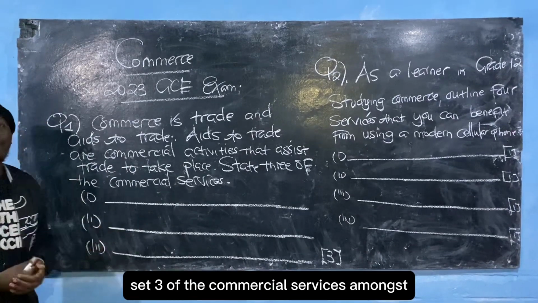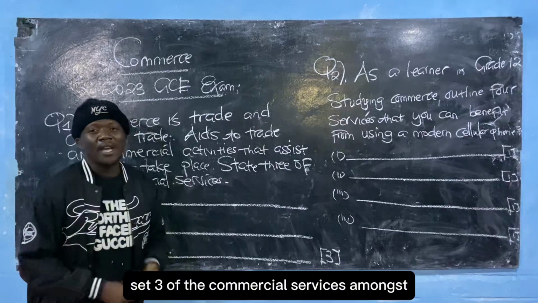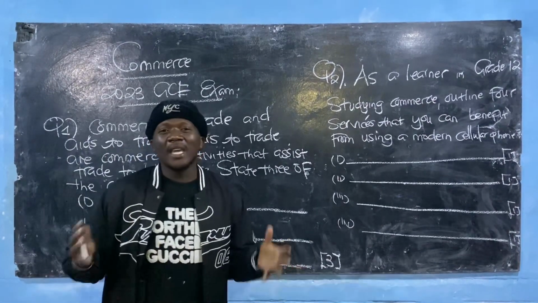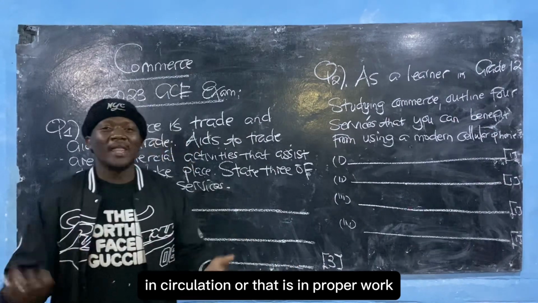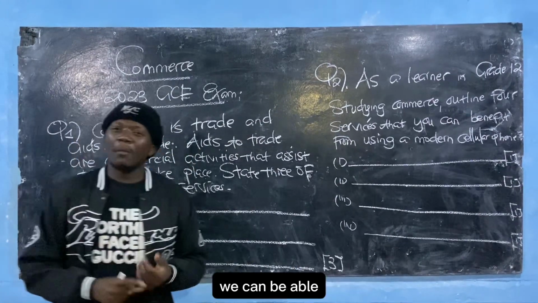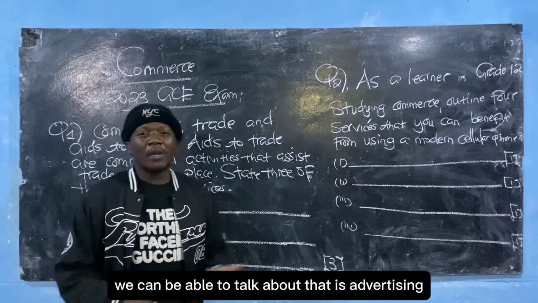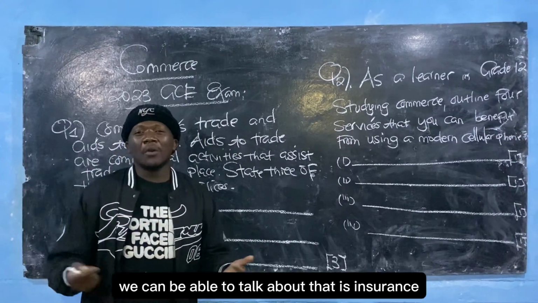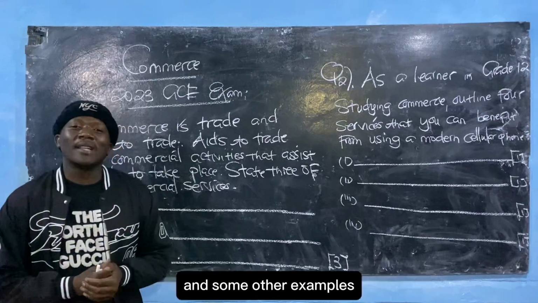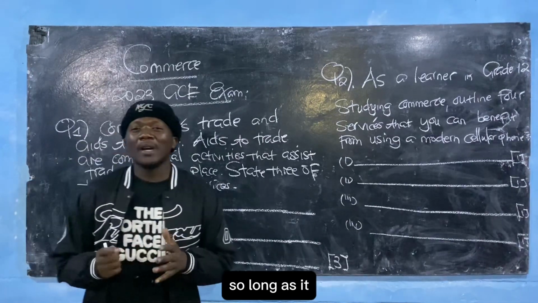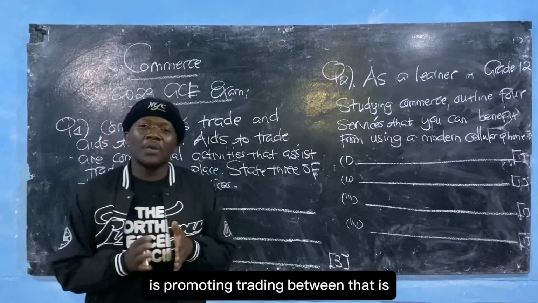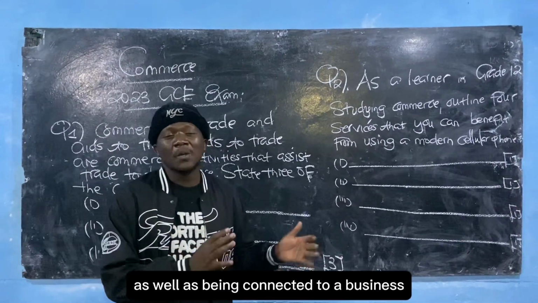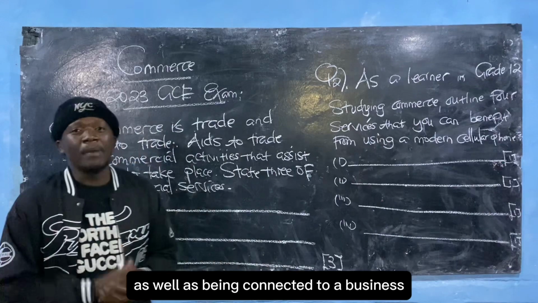Amongst the many services currently in circulation, we can talk about banking, advertising, insurance and some other examples, so long as it is promoting trade between a customer or a client and a business.